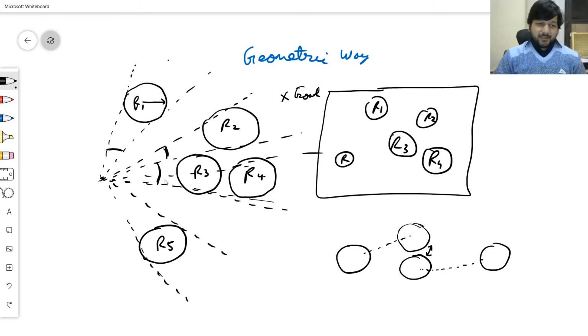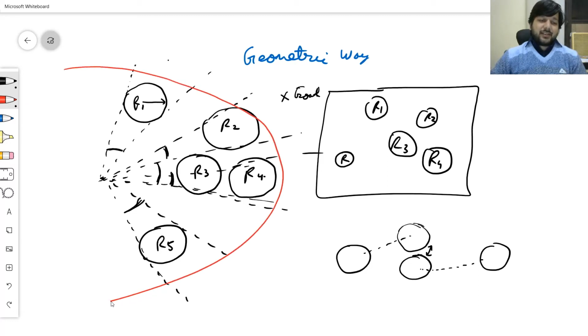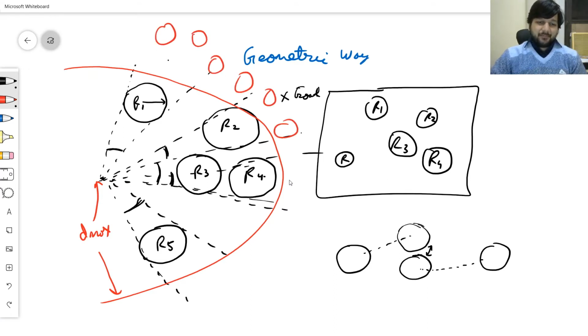This angular range I cannot cover, I'll enter into collision. Then this angular range I cannot cover, I'll enter into a collision. That's again an angular range I cannot cover, I'll enter into collision. So I'm modeling which angular ranges are not possible. And there may have been many obstacles far away, so I say that my limit of angular range is limited to a Dmax. After Dmax, I don't care. So if there are agents which are around over here, I will absolutely not consider them.